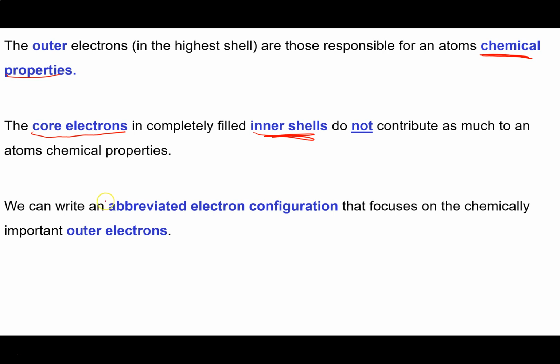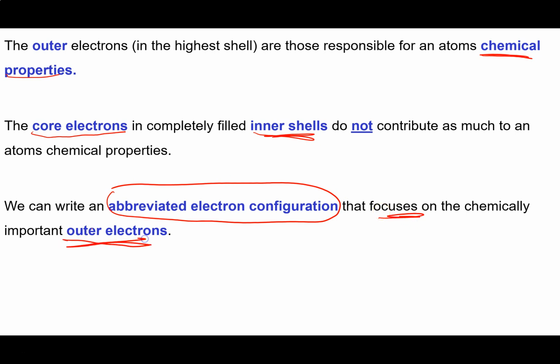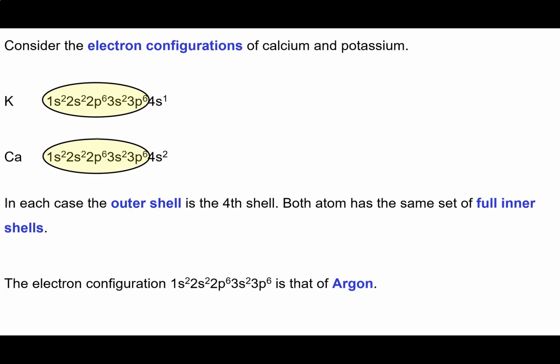So what we can do is abbreviate the electron configuration to focus on the chemically interesting electrons that are found in the outermost shell. I'll show you how we do that in a moment. So let's have a look at these 2 electron configurations. This is for potassium, element number 19, and this is for calcium, element number 20.